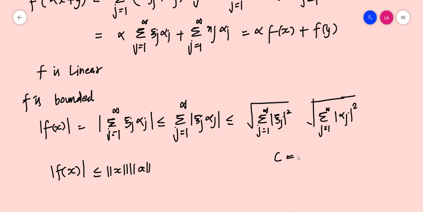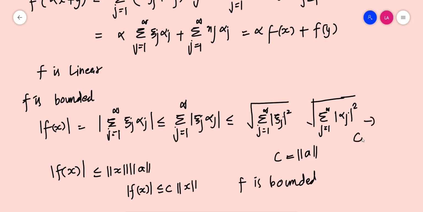If we take C as norm a, clearly modulus of f of x is less than or equal to C times norm x, which means that f is bounded. This inequality is obtained from the Cauchy-Schwarz inequality. I hope you understood this part. So these are some examples of linear functionals defined on some arbitrary spaces.